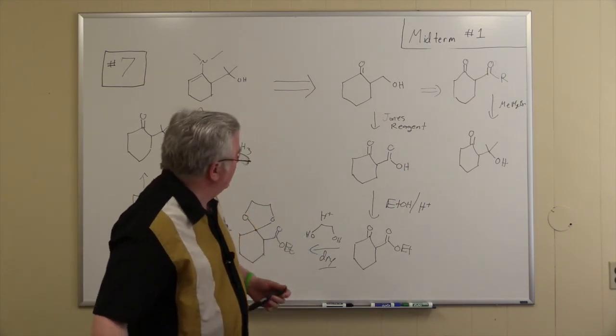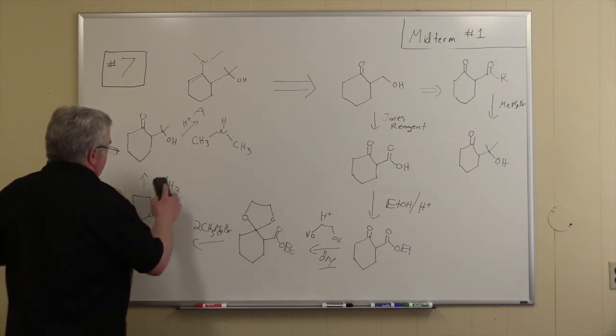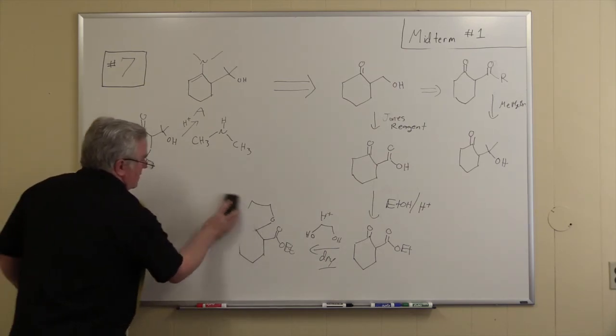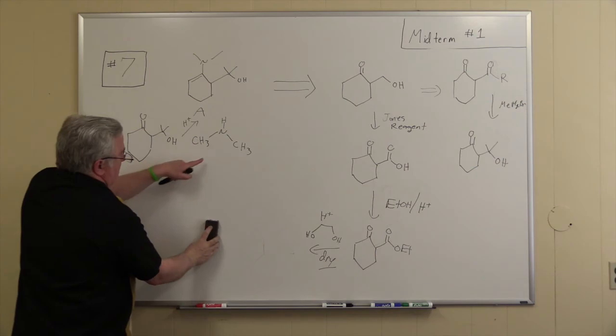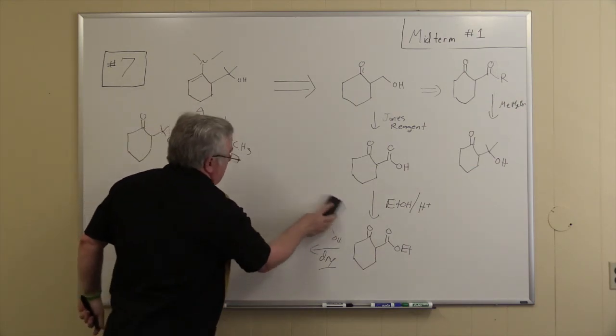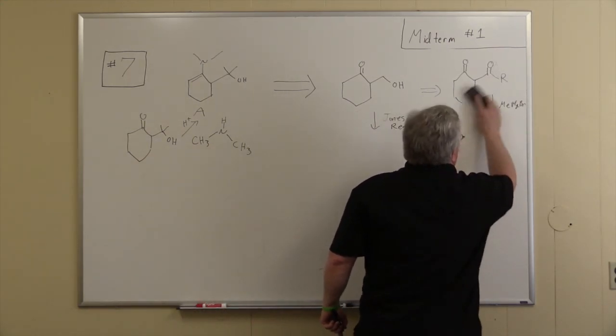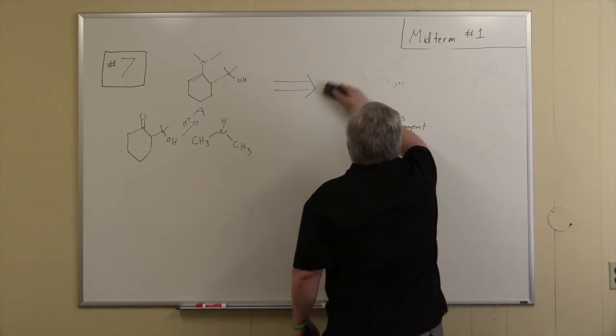Now let's think about this for a second. This final step where we're reacting our secondary amine with a ketone to form the enamine. And let's think a little bit about the final question that we asked. What would the side product be?